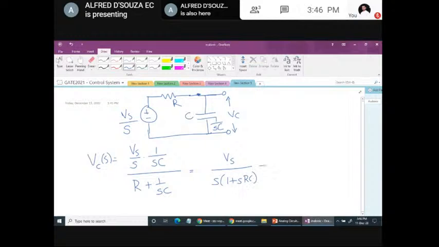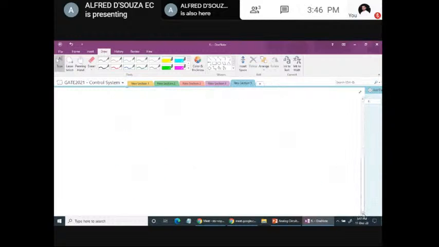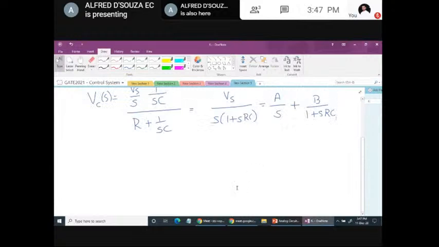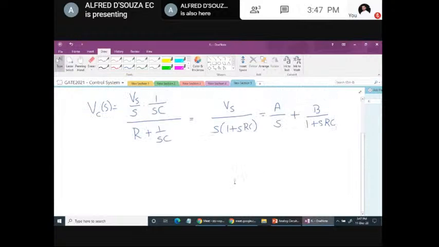Using partial fractions, I'll resolve it like this: A by S plus B by (1 plus SRC). If I calculate the values of A and B, I get A as Vs and B as minus Vs into RC.